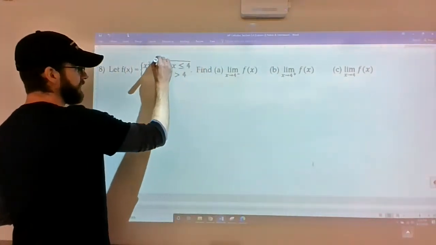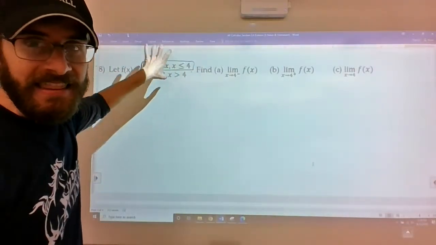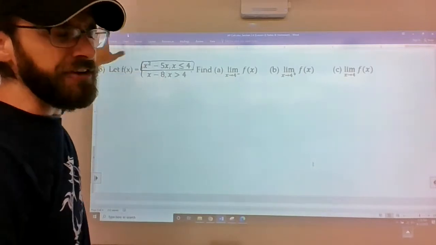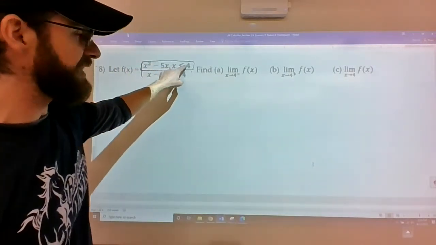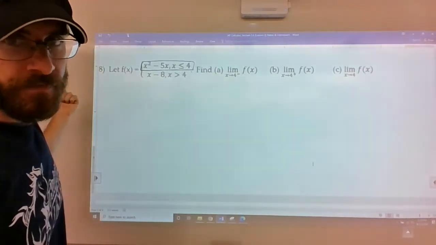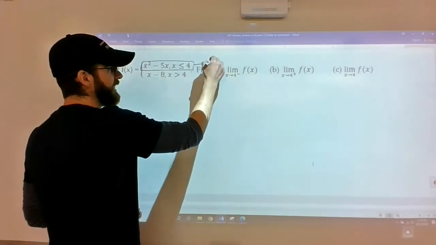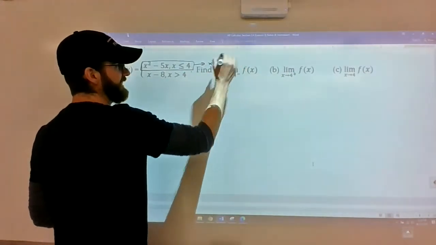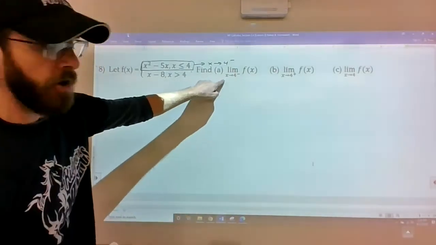So this right here, less than would indicate a left. The function x squared minus 5x will exist everywhere, including 4, but less than 4 as well. So when you see less than, you're thinking x approaches 4 from the left. That's the portion of the piecewise we're going to use to solve part A.